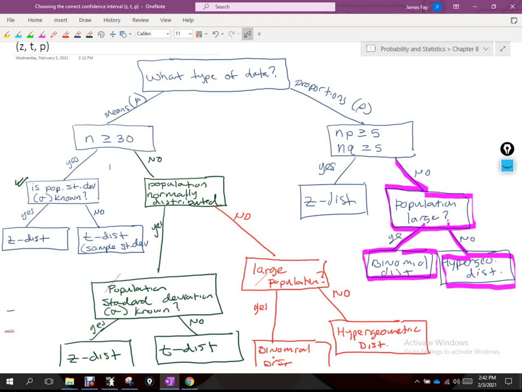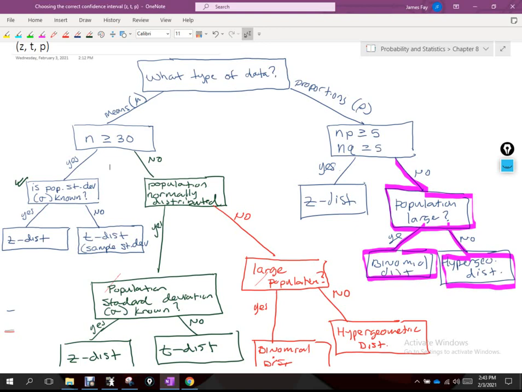And then that will filter us down and say, you have to use a z-test here to maybe accept or reject your null hypothesis. Or maybe you've got to use a t-test, or maybe you've got to use a binomial test.